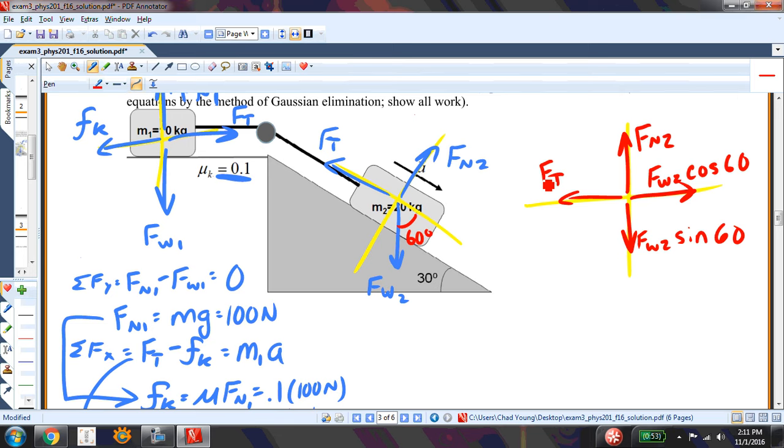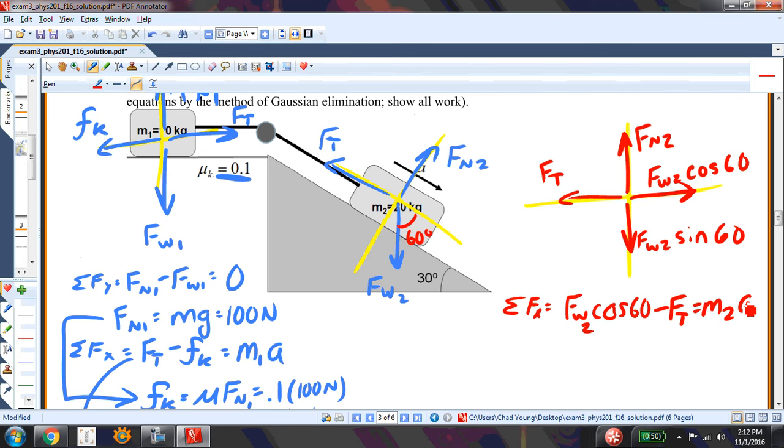So I'm just going to write my sum of the forces in the x direction is going to be Fw2 cosine 60 minus Ft equals m2 times a. Now again, m2 is important that I keep the subscript, but the a is not because it's going to have the same acceleration as block number 1.